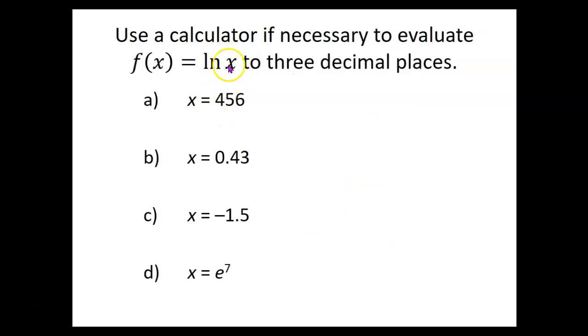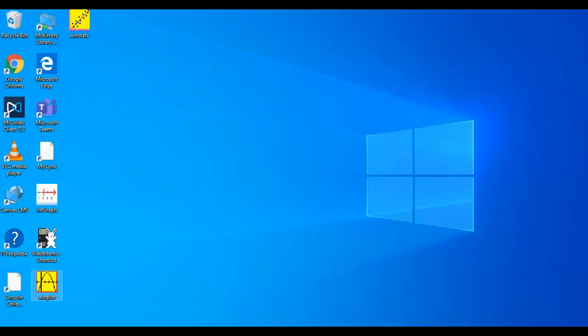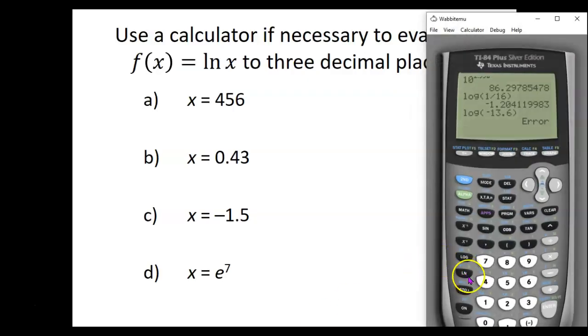Now, back to the calculator, but this time we're evaluating ln of x, the natural logarithm of x. So, of course, we're going to be using the ln button. The ln of 456, the natural logarithm of 456, is about 6.122.